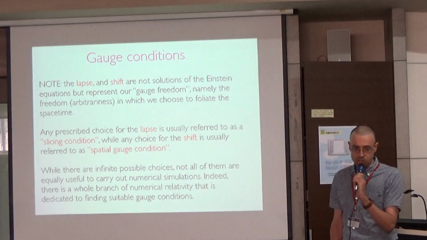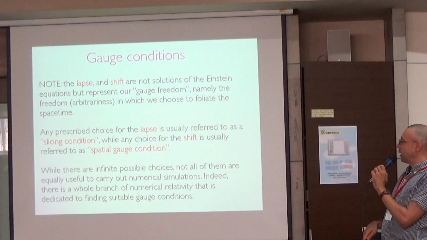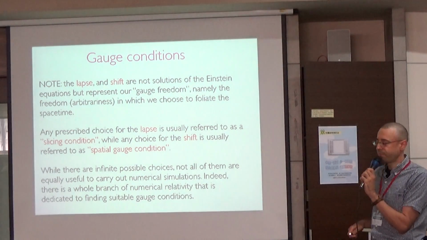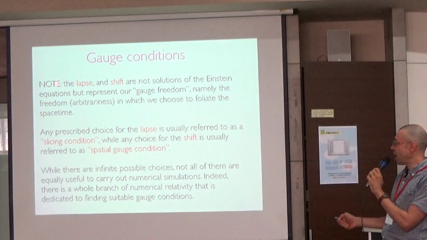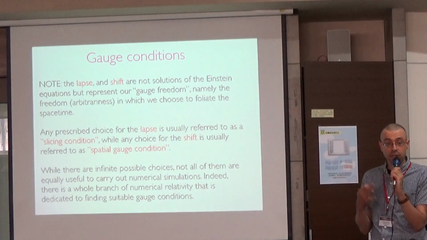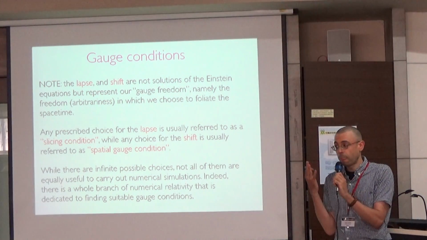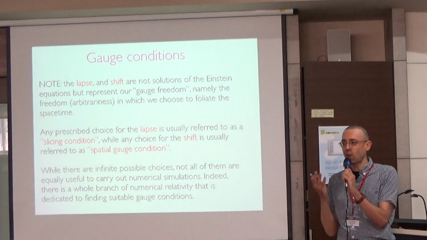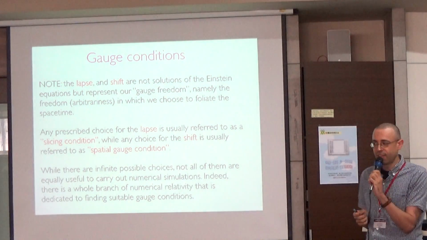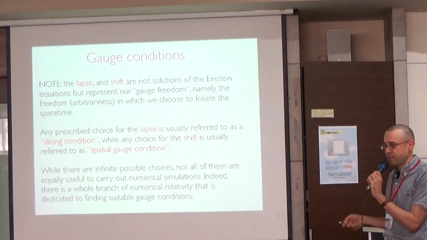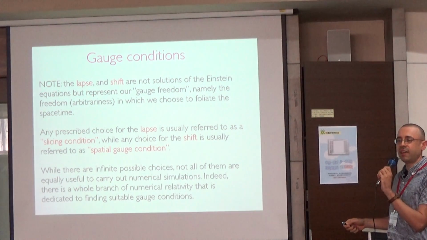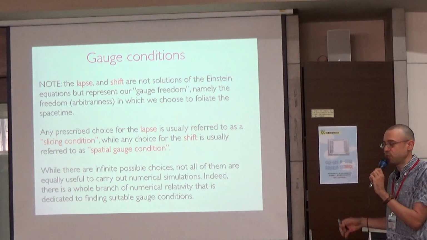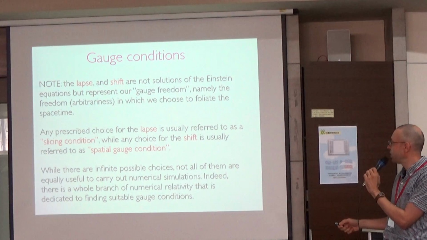Okay. So, I mentioned that lapse and shifts are very important for numerical simulations. And here is one. So lapse and shifts are related to the coordinates we've seen. So they cannot be important for physics. Physics cannot depend on coordinates. And since they are coordinates, they can be thought of as gauge conditions. You change them and the physics doesn't change.